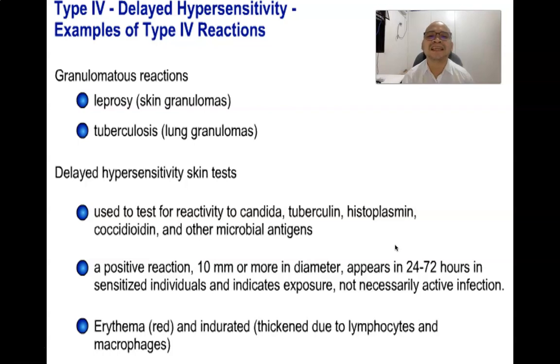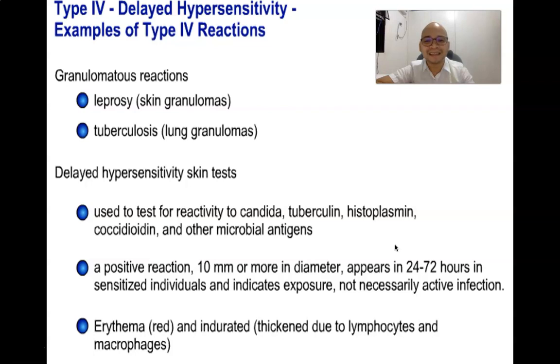In skin testing, for example, you will be injected with tuberculin. In tuberculin testing, you will be injected with PPD, purified protein derivative. Okay, and then after 3 days, you will go back to the site wherein you injected the PPD, and then you will measure the diameter.